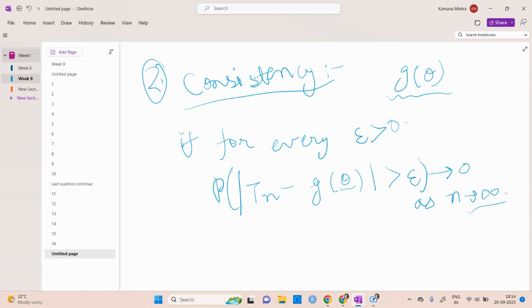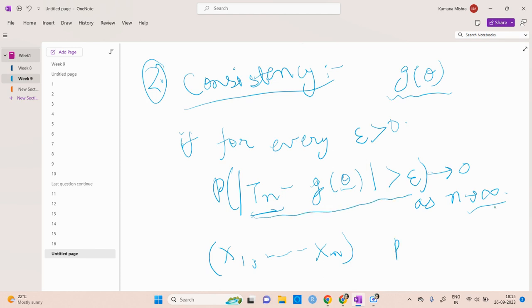Okay. Now, what does this mean exactly? Let's say we have x1 up to xn. This is the number of samples. Let's say we have n samples, and then we have this parameter Tn, and the parameter is equal to this gn(theta). The probability that the difference is greater than epsilon goes to 0.